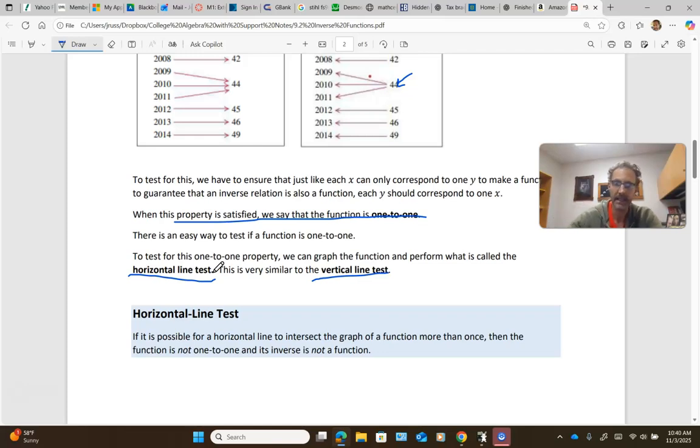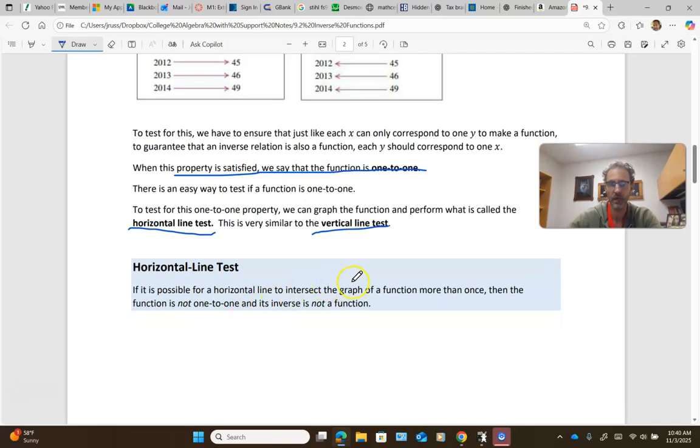Okay, and that's how you check to see whether a function is one-to-one. So if it's possible for a horizontal line to intersect the graph of a function more than once, then the function is not one-to-one, and its inverse will not be a function.